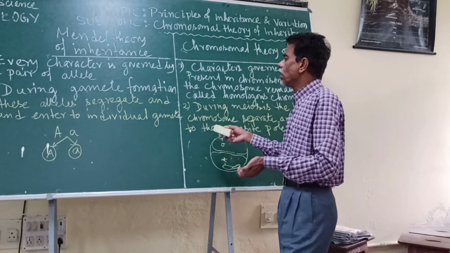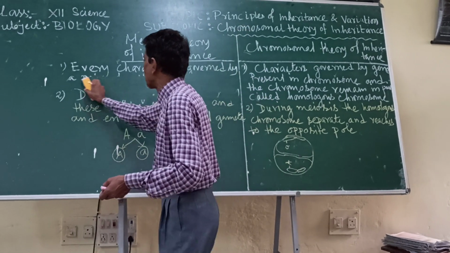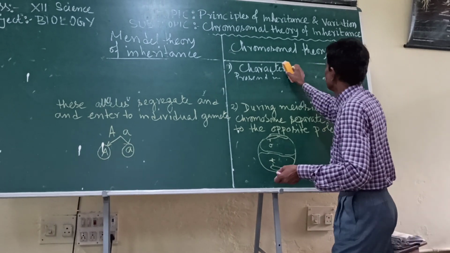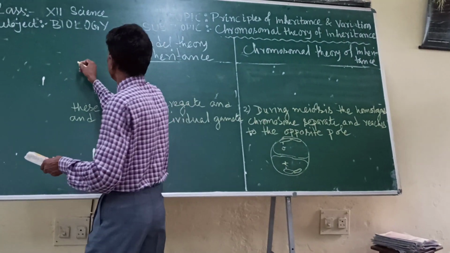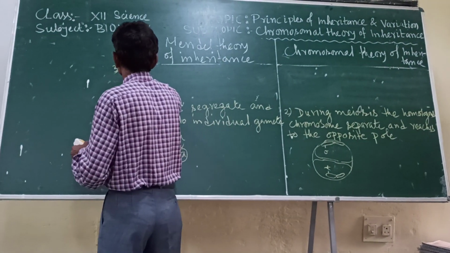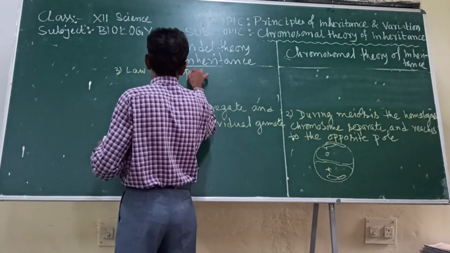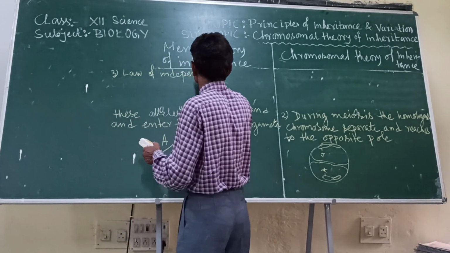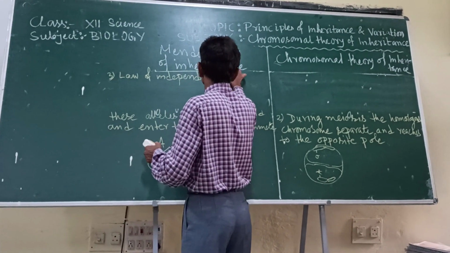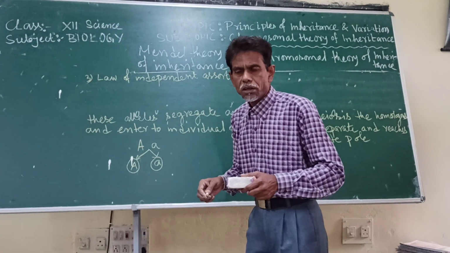Third very important point: what Mendel told. Let me erase the first point so that we can get some space. Third point, Mendel told the law of independent assortment. What is it?